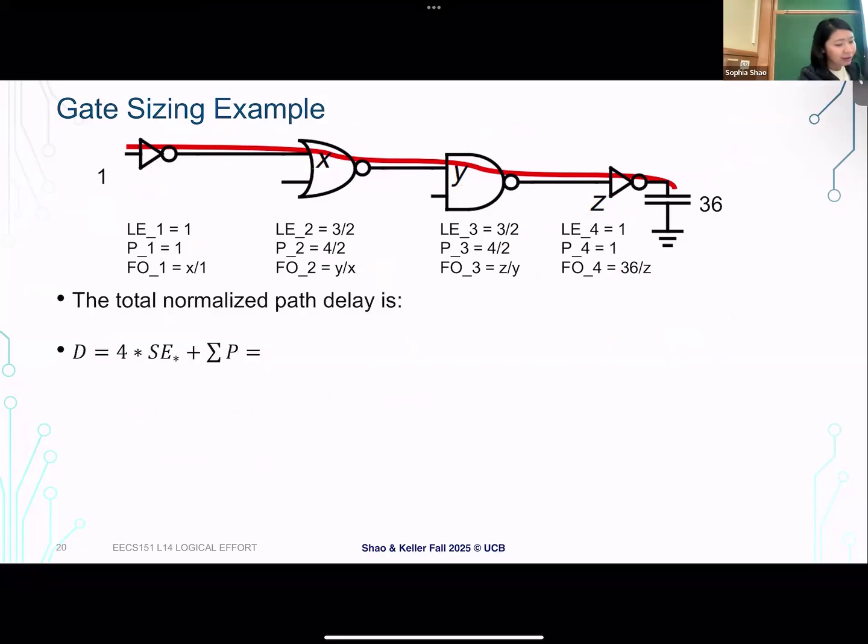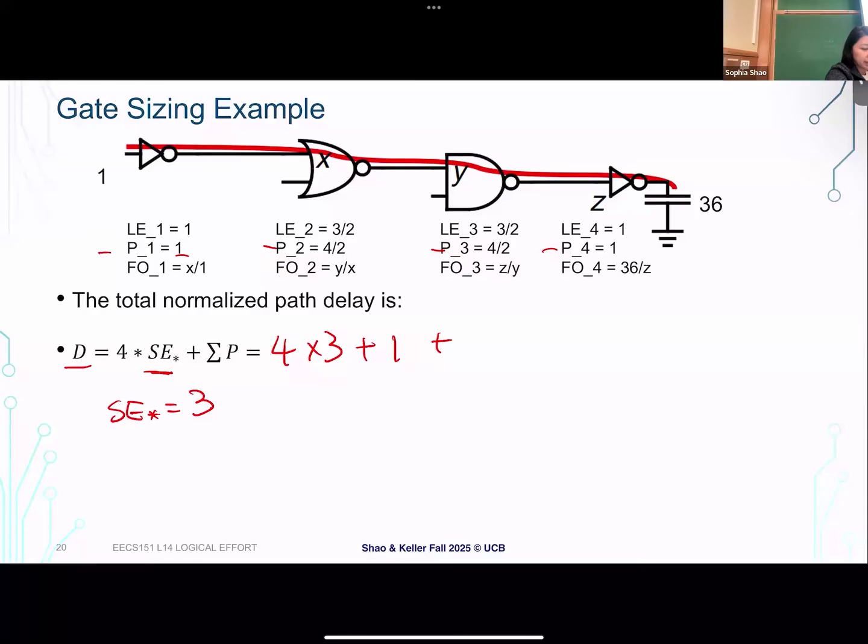Again, here is a note. When we actually know, as we mentioned earlier, our optimal stage effort is 3, we can know our delay at 4 stages is 3, and then we can add our parasitic delay together. So it's 1, 4 over 2, 4 over 2, and 1.